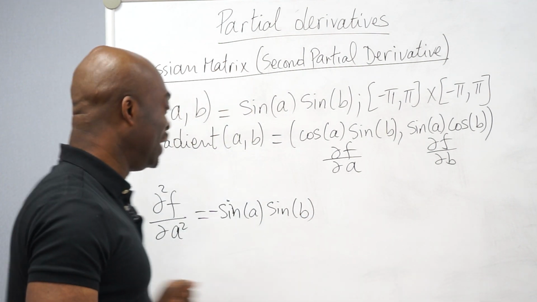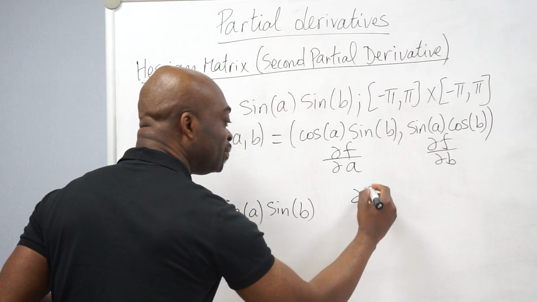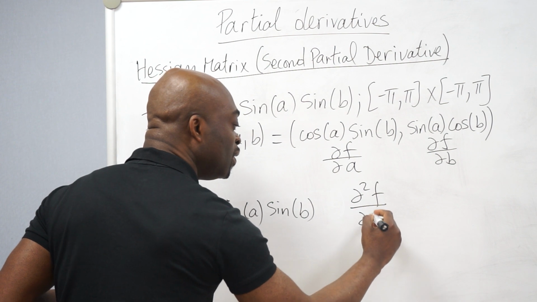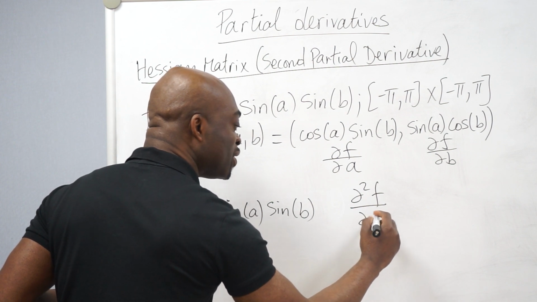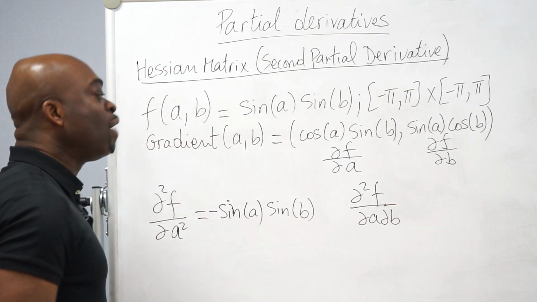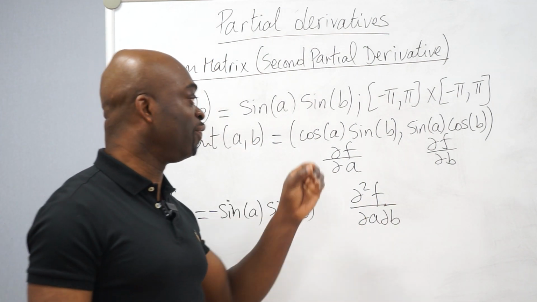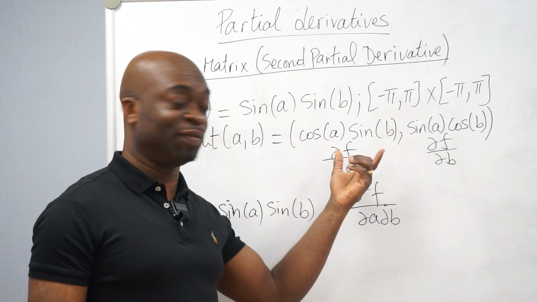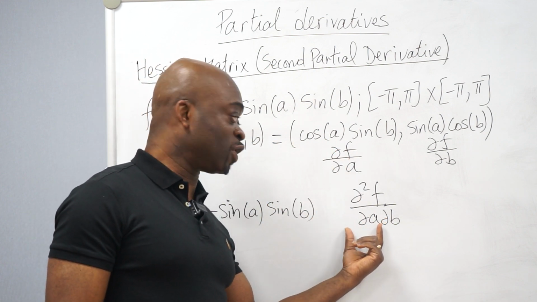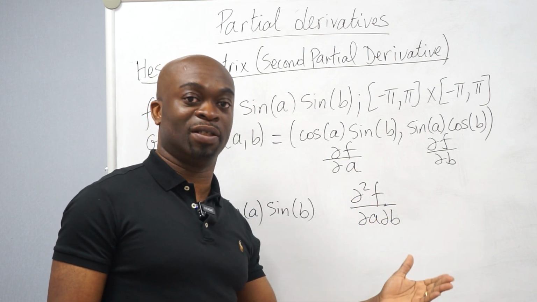Now we're going to continue on the row. All right? And then continuing, that means what? We're going to have, so let's see what we're going to have here. So a and then b. So now we're going to find the second partial derivative, again, of this function that we have, where we have the first partial derivative with respect to a and now with respect to b.